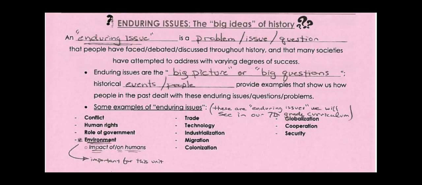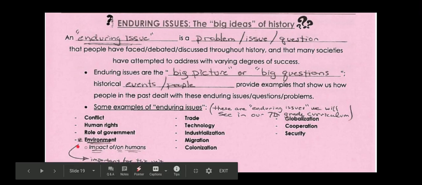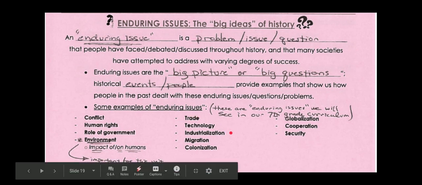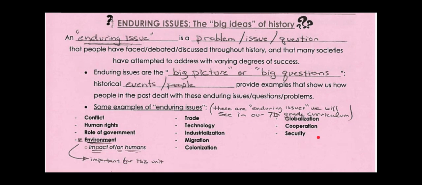For this unit in particular, we're going to talk about environment and how environment affects people. Some other ones we're not going to talk about right now, but trade, technology, industrialization, migration, colonization, globalization, cooperation, and security.